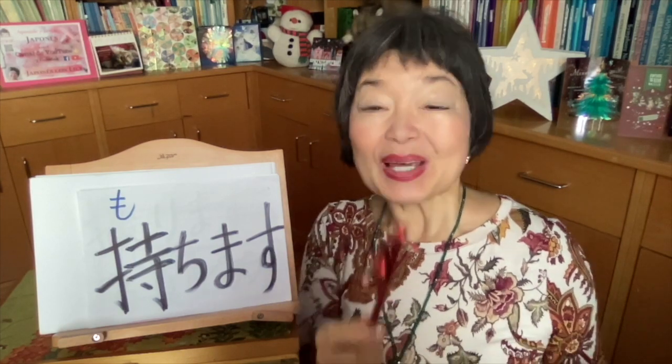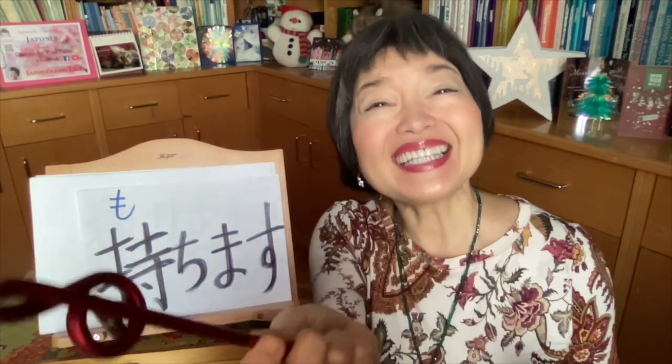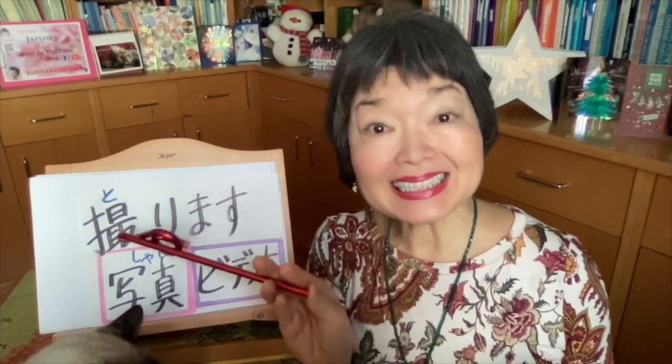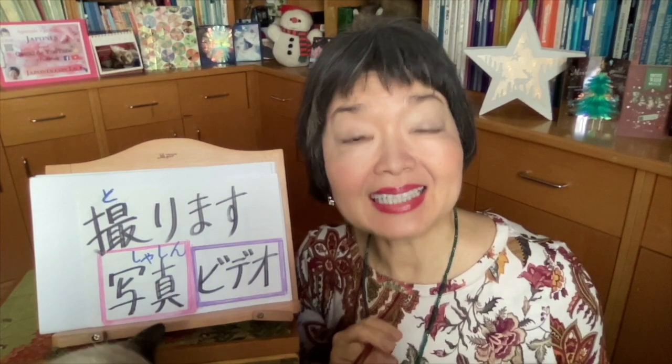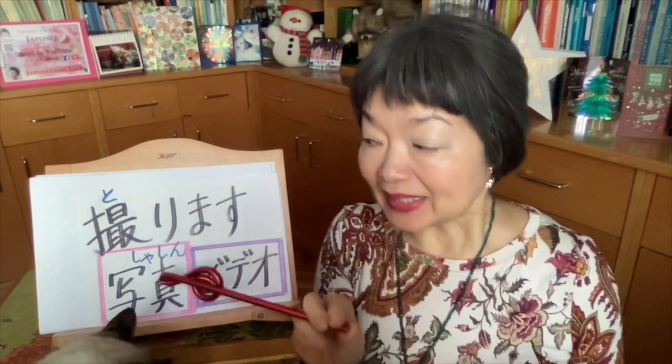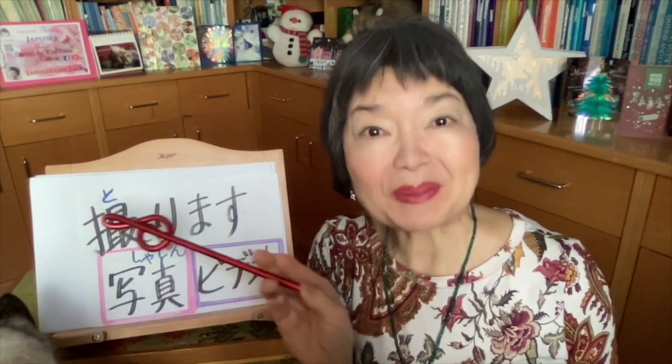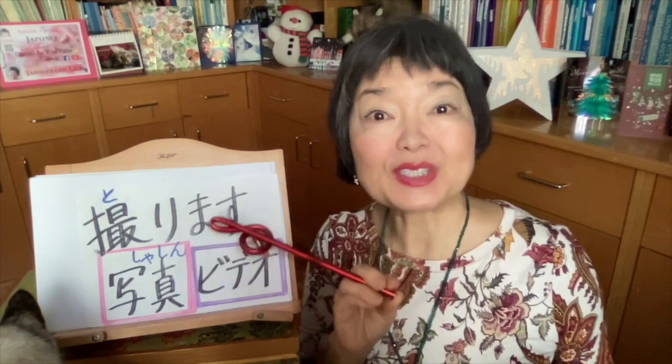If I say これを持って, hold this. 撮ります, with this kanji it means to take pictures. 写真を撮ります, the ri sound just before mas.